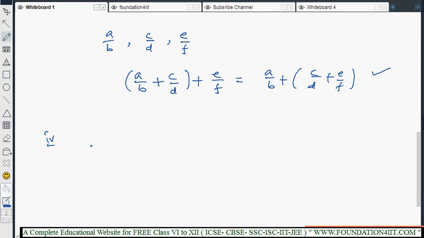Next is existence of additive identity. We know additive identity and additive inverse. Generally the additive identity in natural numbers is 0, right? The same 0 is also the additive identity in rational numbers.